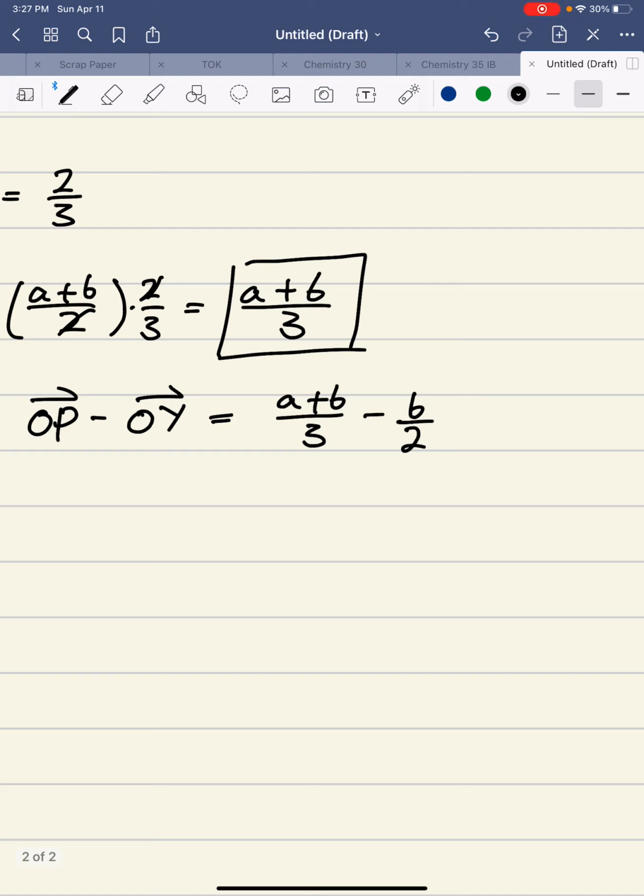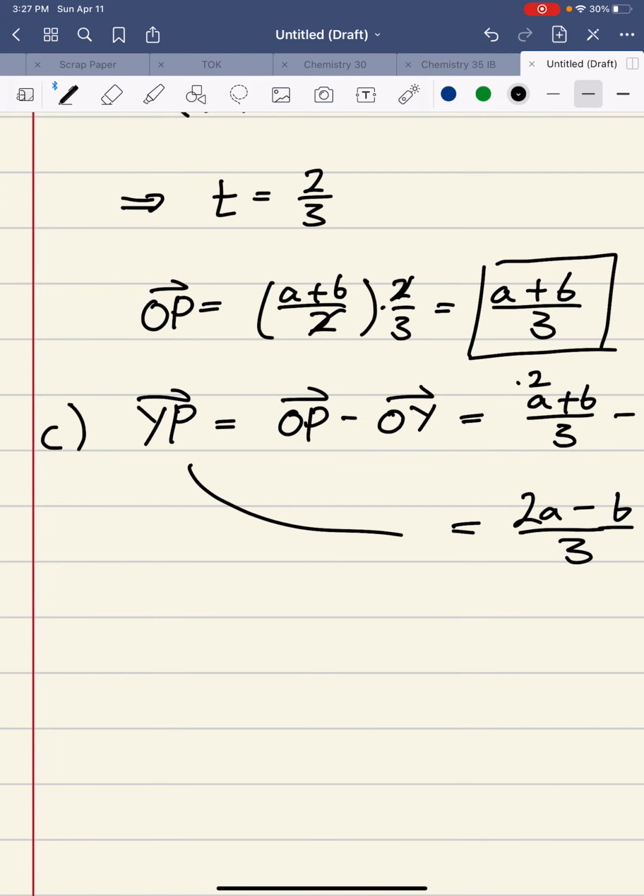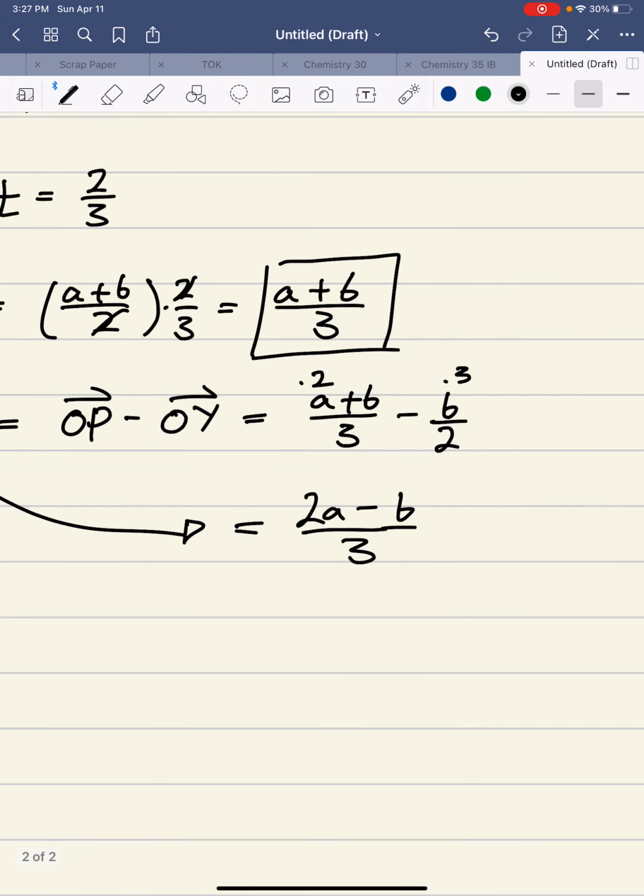If we get both sides to the common denominator, that is a factor of 2 times 3. We get (2a minus b) over 6. So that's our value for YP.